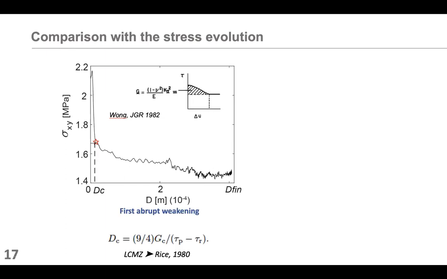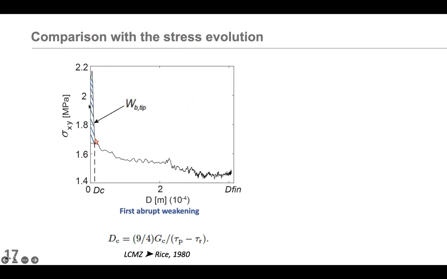The interesting thing is that, as you can see, the release of stress is divided into two different stages. First, within the first microns of slip, we have a strong stress release that occurs within a critical slip distance that we can estimate from that equation, knowing the fracture energy that controls the dynamics of the crack tip.